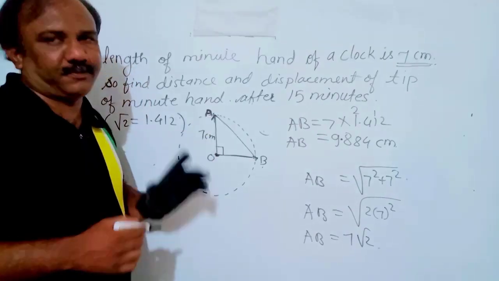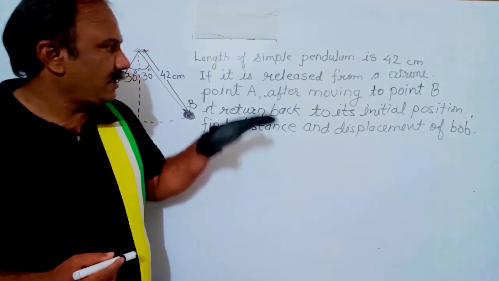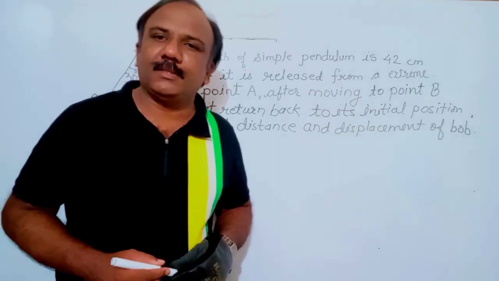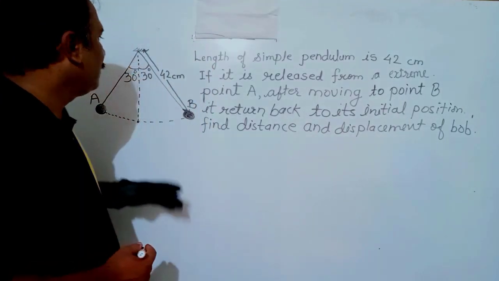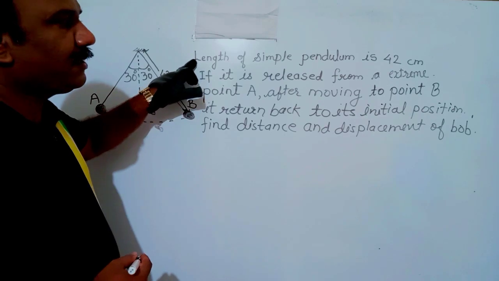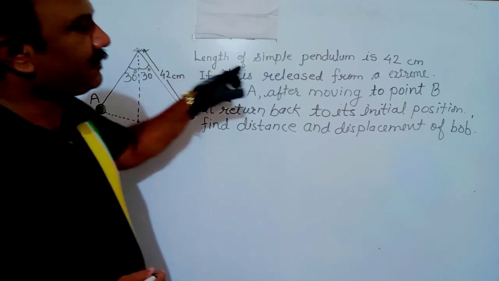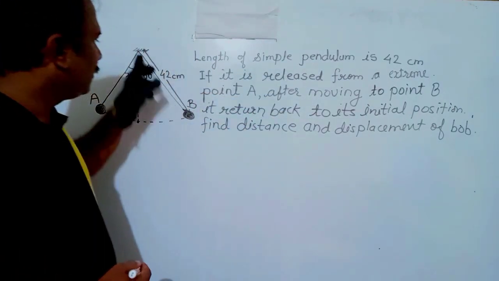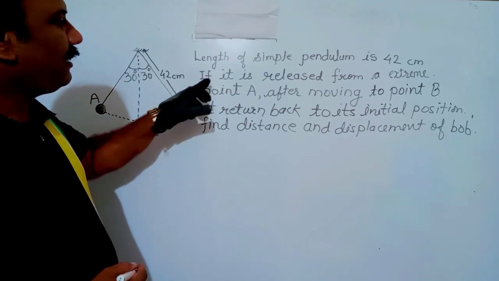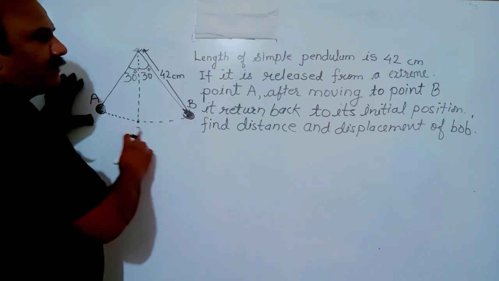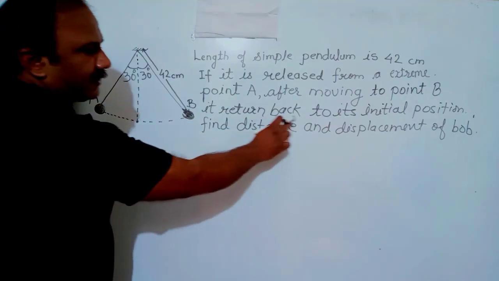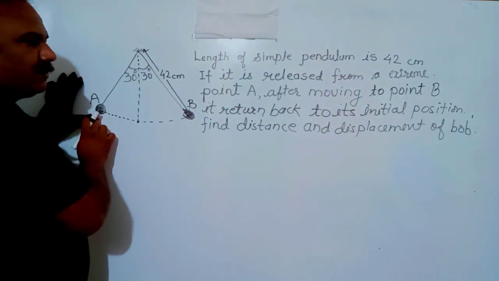Okay. Hi students, let us see one more problem, and this is the last problem of this video. The length of a simple pendulum is 42 centimeter. If it is released from extreme point A, after moving to point B, it returns back to its initial position.